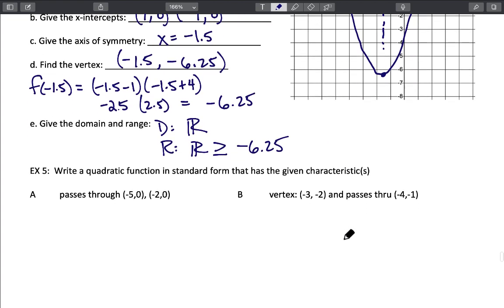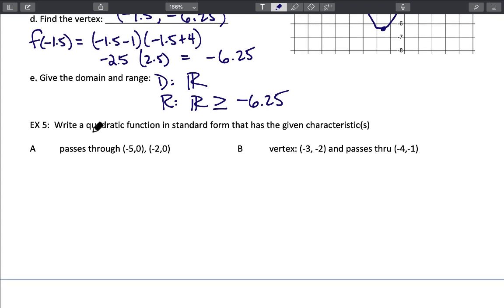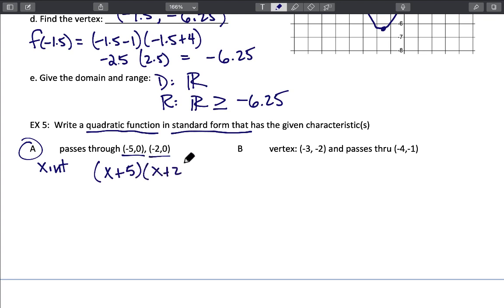All right, for our final example for today, we are asked to write a quadratic function in standard form that has the given characteristics. In letter A, we see that it passes through (negative 5, 0) and (negative 2, 0). These are my x-intercepts. If it passes through those points, then the factors x plus 5 and x plus 2 must be the two linear factors that give me those intercepts.